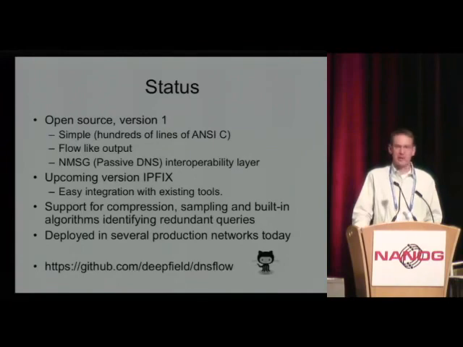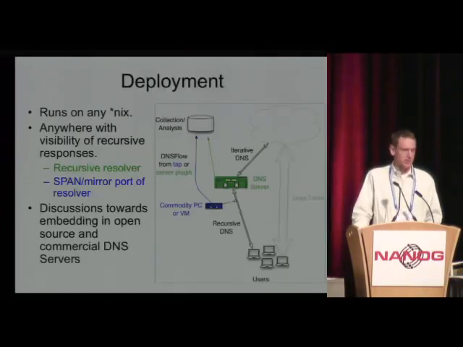It has flow-like output. The upcoming version will be using IPFix just to make it easy to interoperate with the current set of tools. We'll have support for the compression and sampling built in, and it's currently deployed in several production networks. Just in case it wasn't clear from before, we're talking about deploying this.